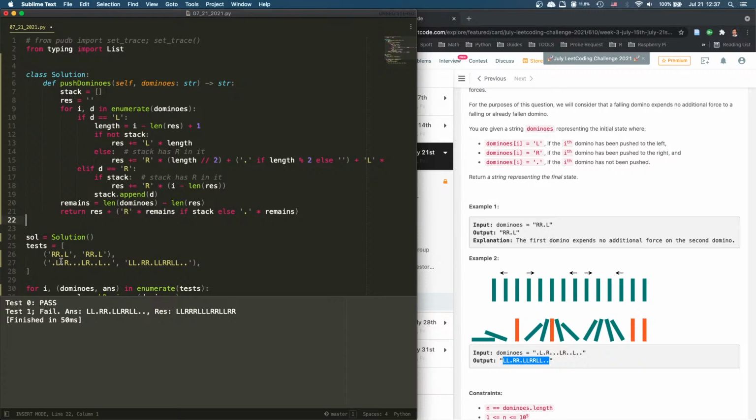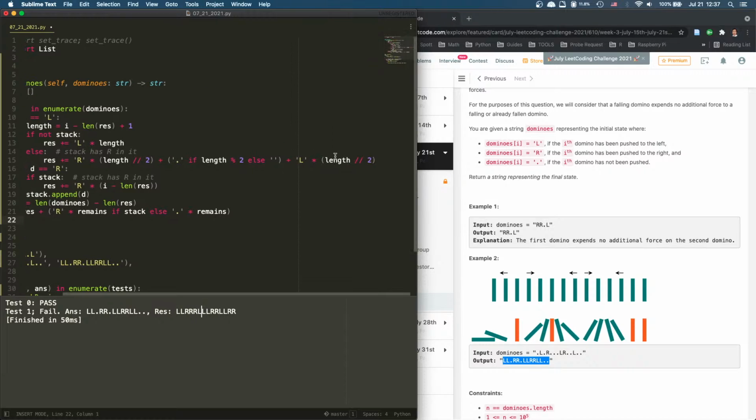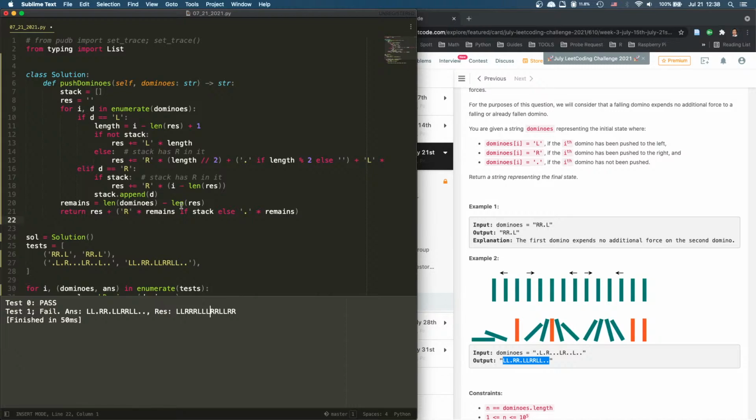So, what happened? The length is not right either, because for LL, this shouldn't be R, and for RR, this should be dot. I say length divided by 2, which means we get the entire thing, which means the length is wrong.